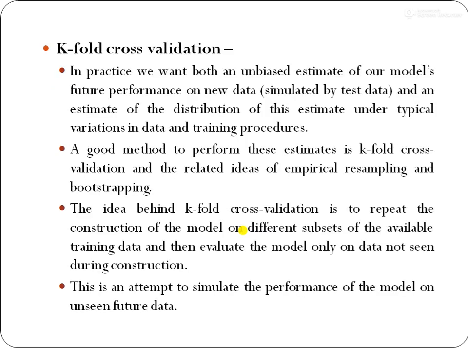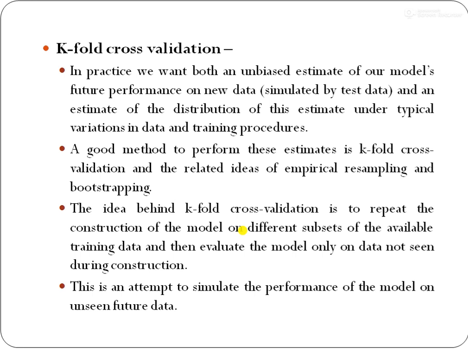The second method is k-fold cross-validation. So in practice, we want both an unbiased estimate of our model's future performance on new data simulated by test data, and an estimate of the distribution of this estimate under typical variations in data and training procedures.